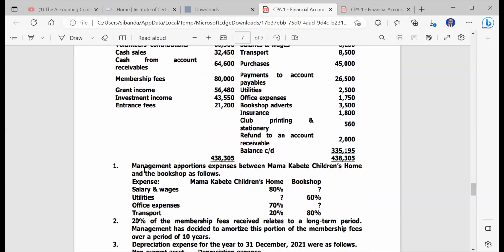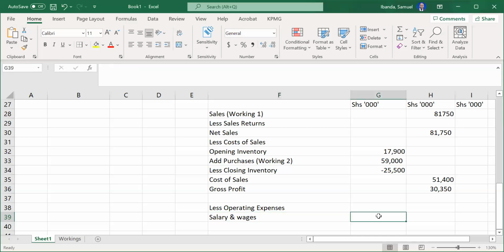So remember, they told you that management apportions expenses between Mama Kabete and the bookshop as follows: salaries and wages, 80% for home and 20% for bookshop. So the first item that I want to look at is salaries and wages. Now, I need to determine what is my value for salaries and wages.